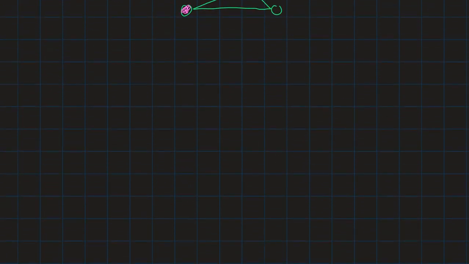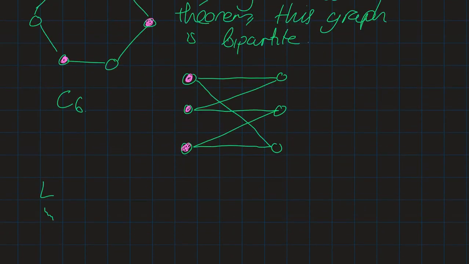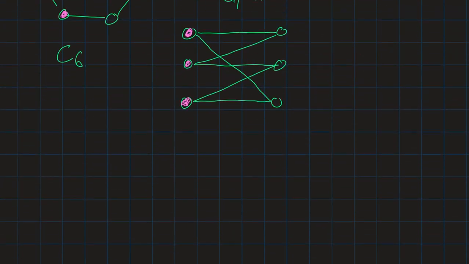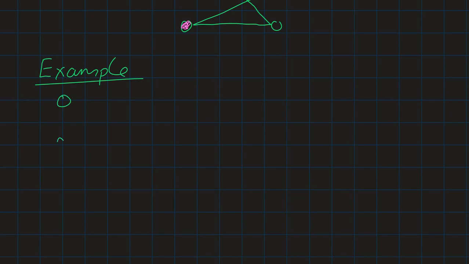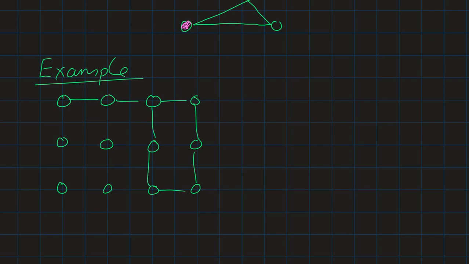So let's do a slightly harder example. If I draw this graph right here, it's just like a grid.